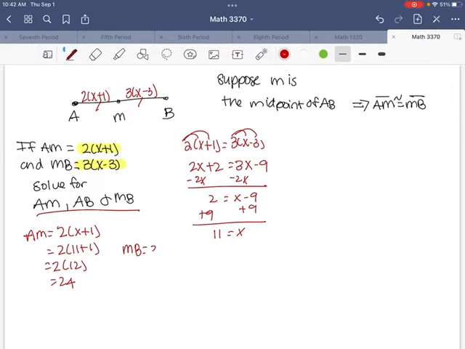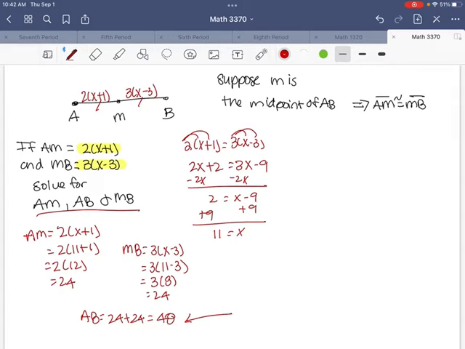They should be equal. So let's show that it is equal. 3 times 8, 24. And then we also need to find AB. So AB would just be 24 plus 24, which is 48.